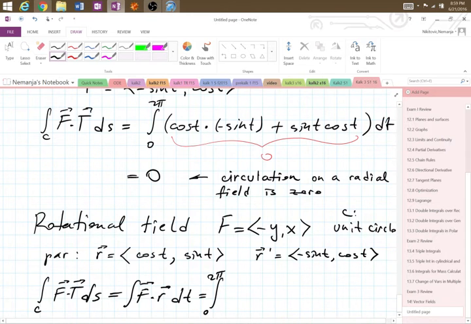Okay, now negative y, and y is sine t, so negative sine t times the first component, which is cosine t.